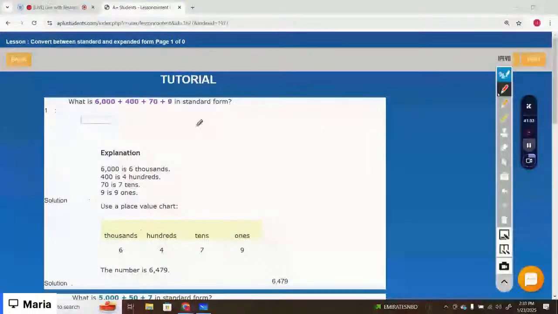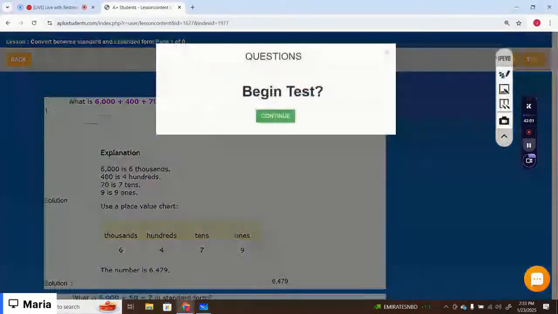That is the expanded form. And when you write this number as 6479, that is the standard form. Let's just start with the test questions.